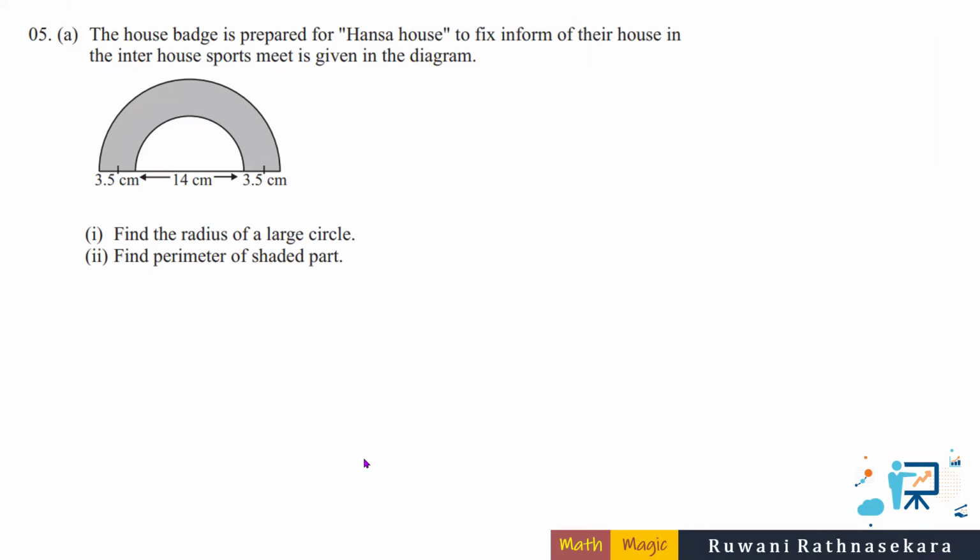The house batch is prepared for Hansa House to fix in front of their house in their interhouse sports meet as given below. You have to find the radius of the large circle. Son, there's no large circle here. We have a large semicircle.